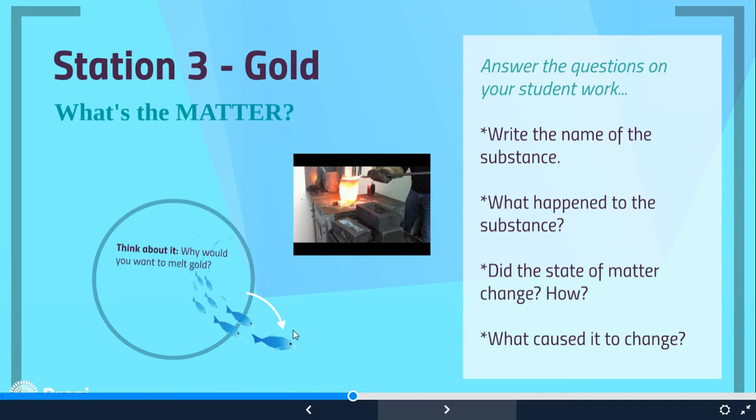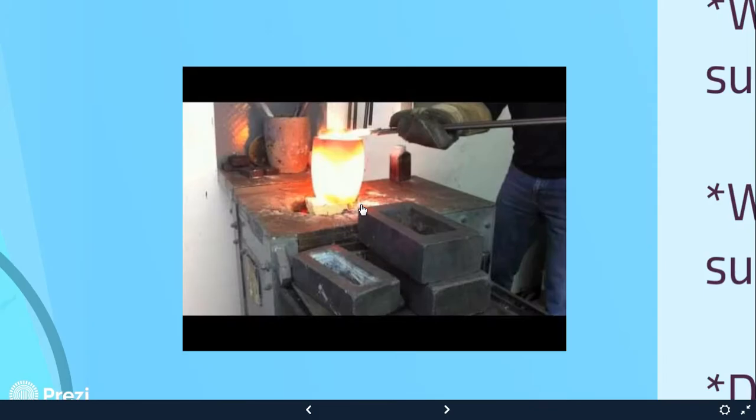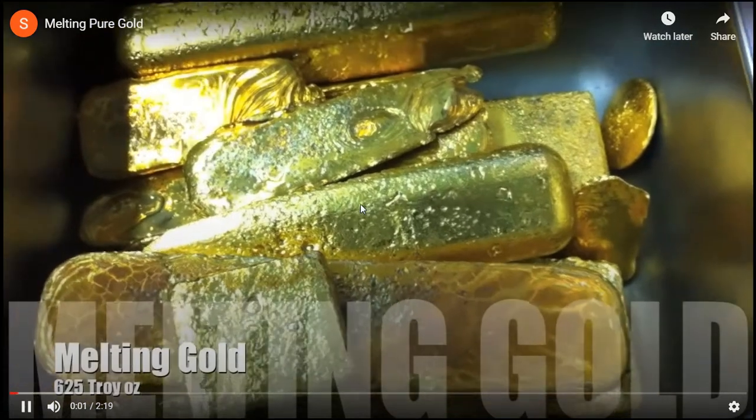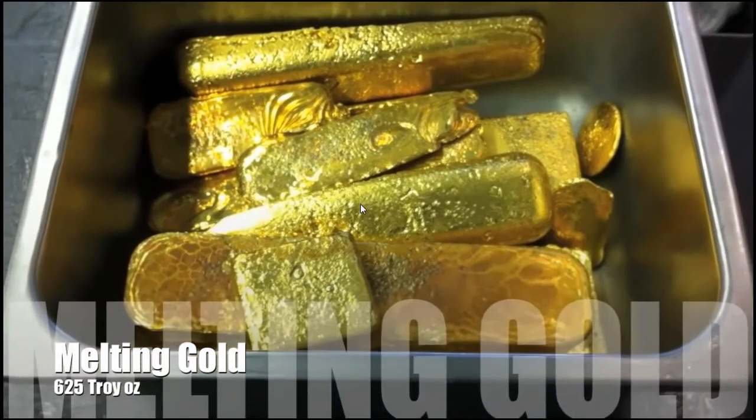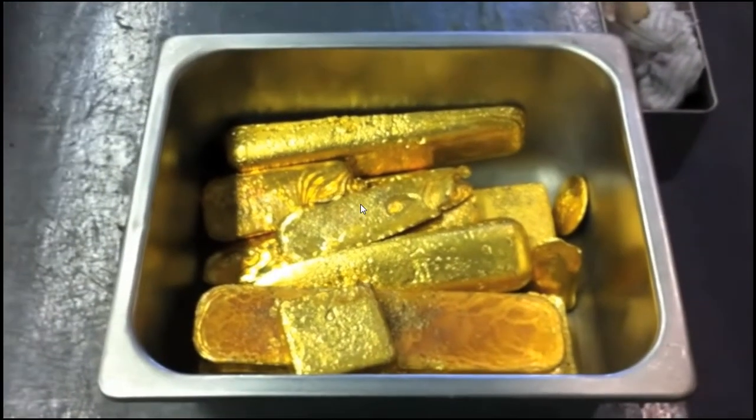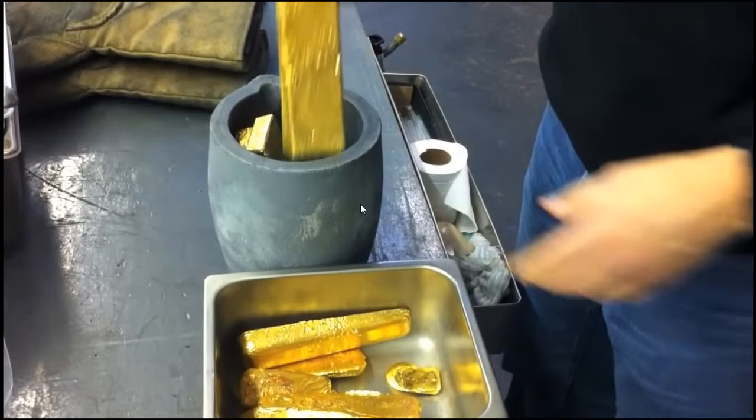So now we are given a solid, and that solid is gold. Let's take a look at what happens when we heat up metal such as gold. So you can see they have the metal, those big nuggets.